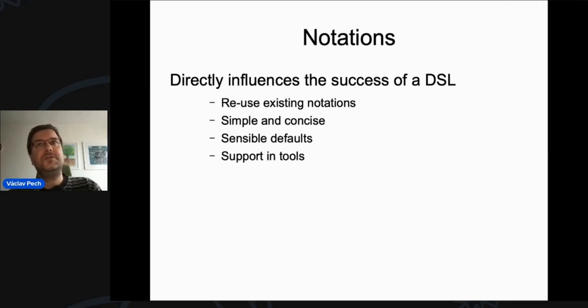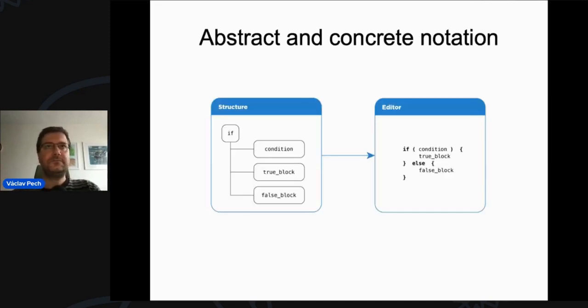So you should follow the constraints and the way people specify code in their domain. You should follow those and reflect that in the notation. So we have to distinguish between the abstract and concrete syntax. Obviously, there is a mapping, right? Mapping that maps the structure to the editor, so to the screen and back.